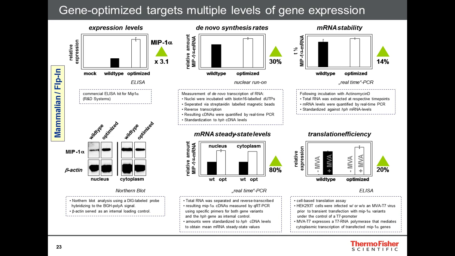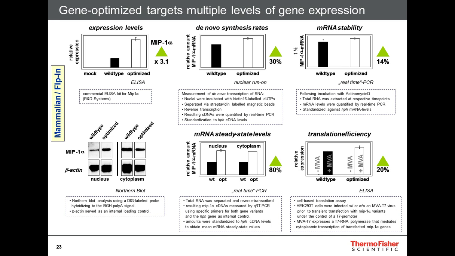If we looked at the de novo synthesis rate, so the nuclear run-on rate of transcription, we also found a 30% increase of that particular step in the overall expression or transcription and translation context. Also, if we looked at the mRNA stability, we found a 14% increase of the stability of mRNA, probably due to a slightly higher GC content as compared to the wild type.